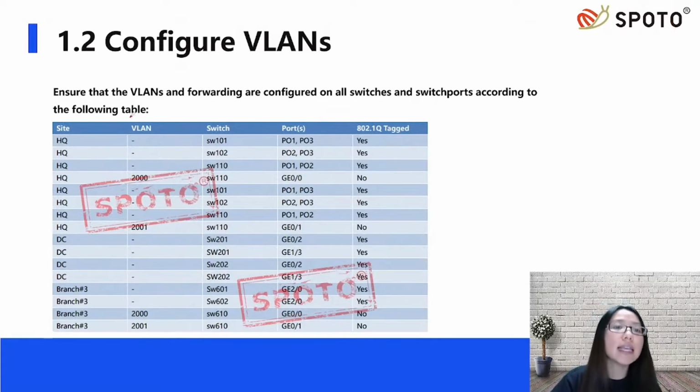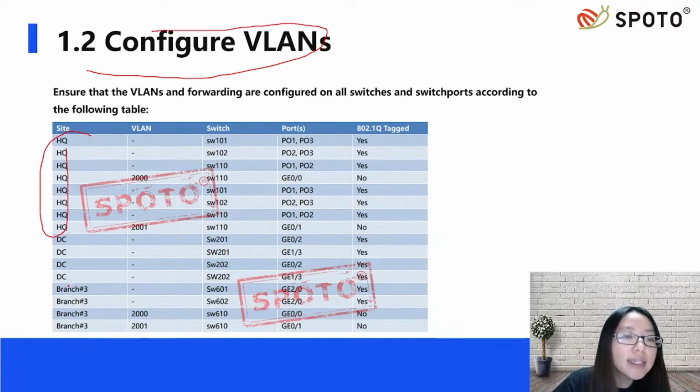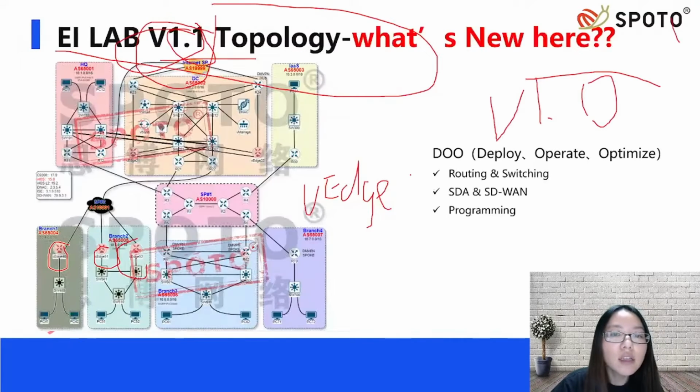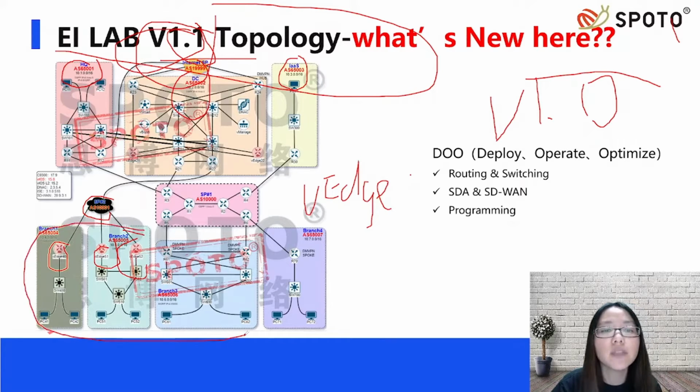You can see the first part is about our VLANs. It's in HQ, DC, and branch 3. You can see in our topology it has HQ, DC, and IaaS, and SP1 and SP2. So there are 4 branches under the service provider.